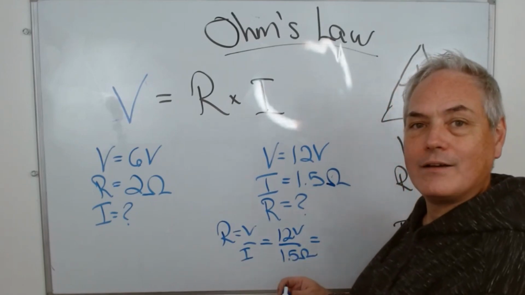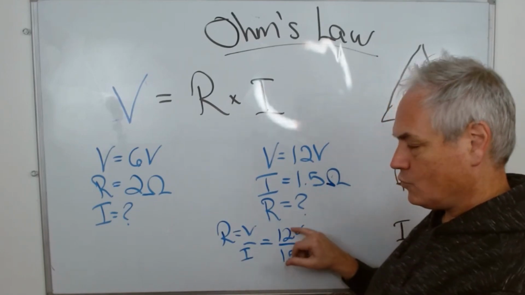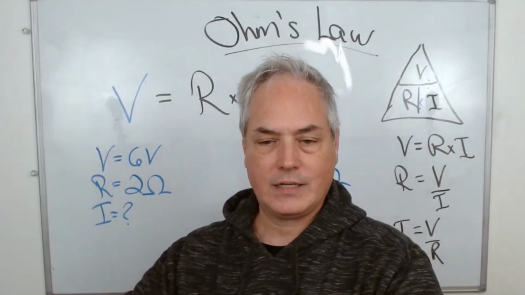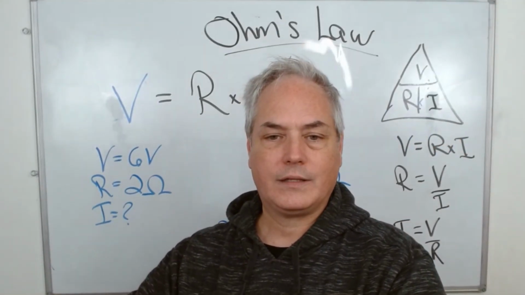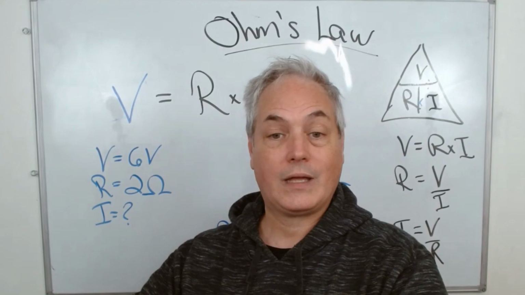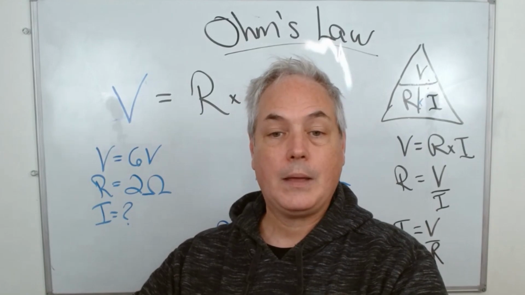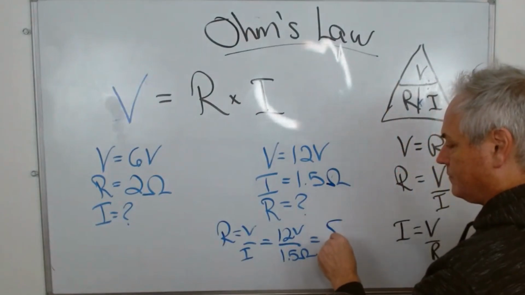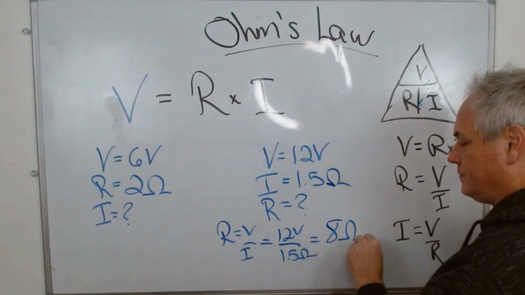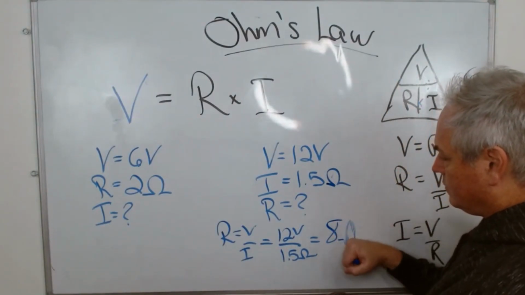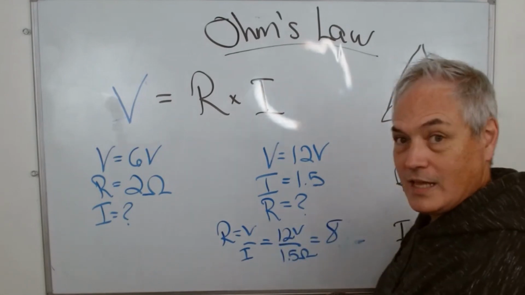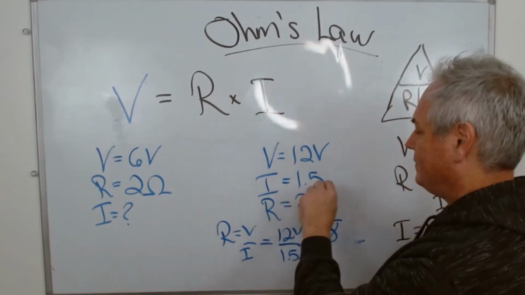So here we just have to divide 12 by 1.5, just because my brain is not quite working this morning. Let's double check. Oops, okay, give me a second. I was right earlier.